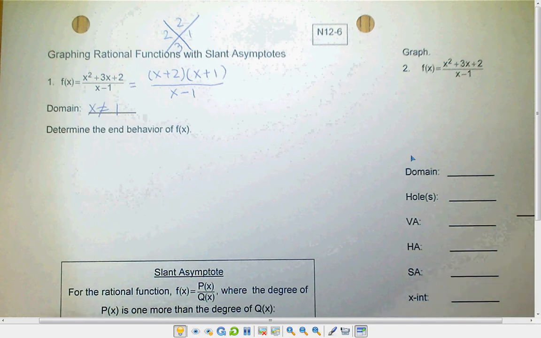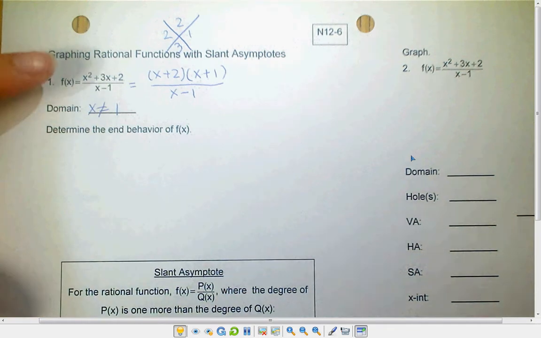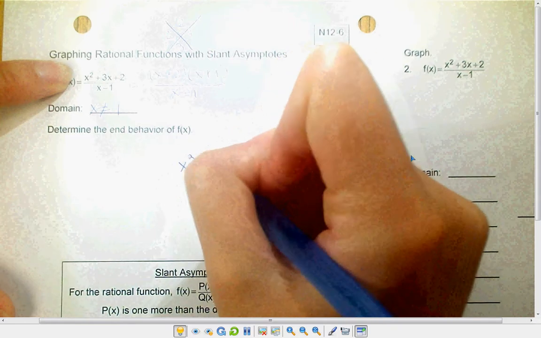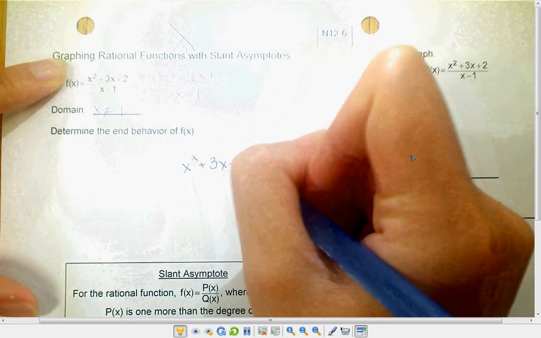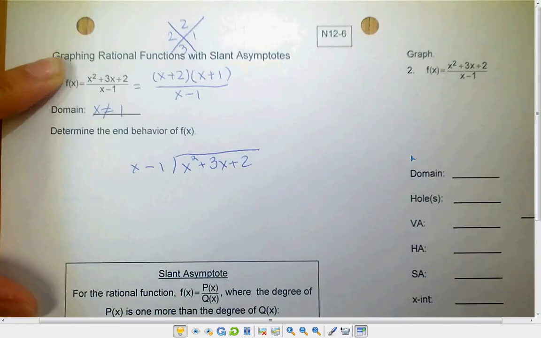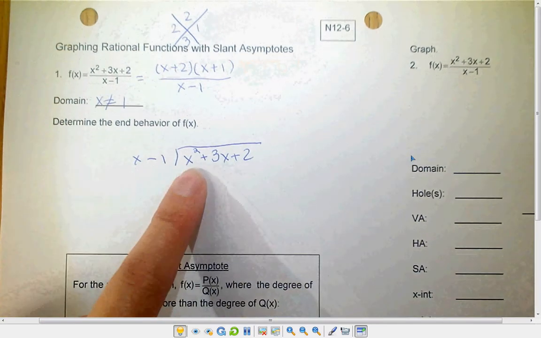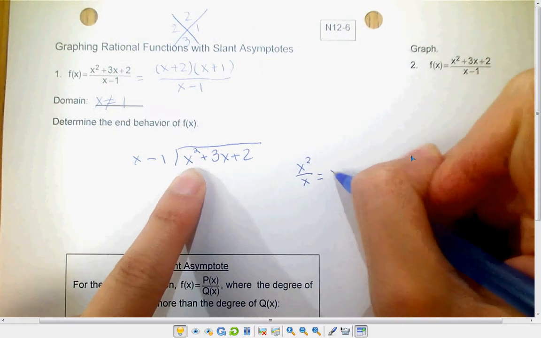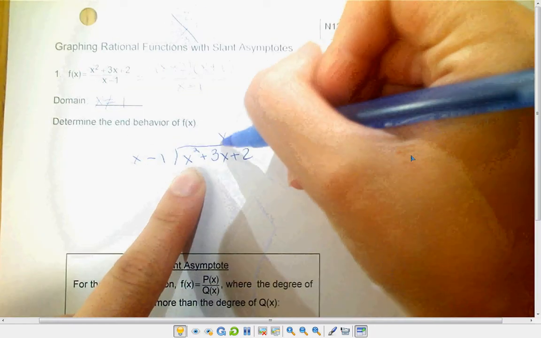Now, let's find our horizontal asymptote by dividing. We're going to use our original x squared plus 3x plus 2 divided by x minus 1. First term divided by first term: x squared divided by x leaves us with 1x. We're going to put it on top.